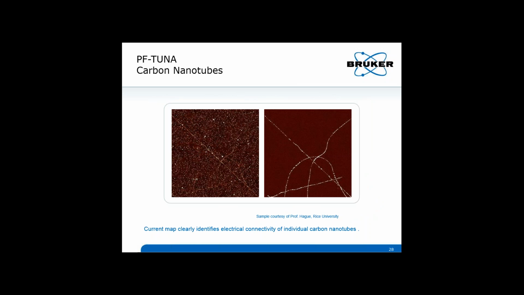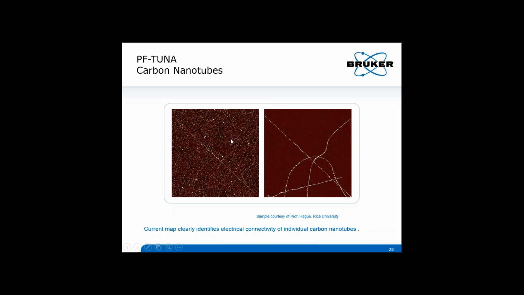The second example is PF TUNA on carbon nanotubes. The left image is the height sensor image, and this one is the tuner current image. The substrate is silicon dioxide on silicon surface. As we can clearly see, in the height sensor channel we have several carbon nanotubes, and in the current channel we can see the conductivity.